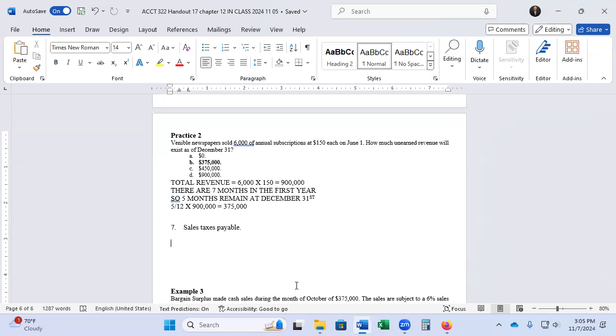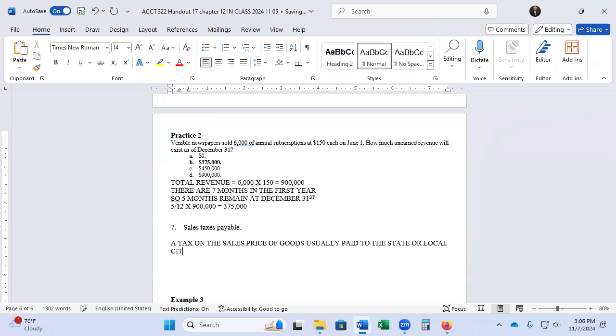Okay. Sales tax payable is a tax on the sales price of goods, usually paid to the state or local city/county.